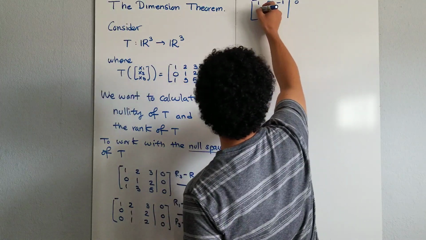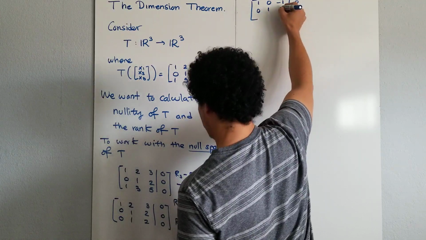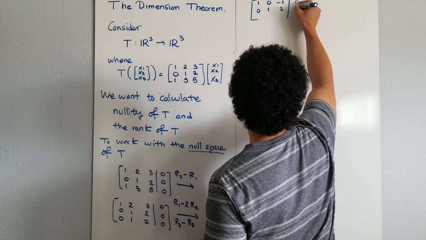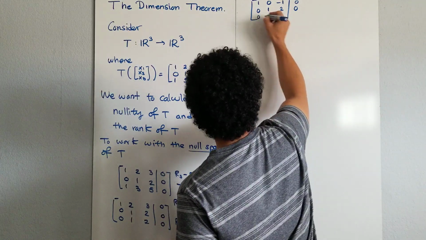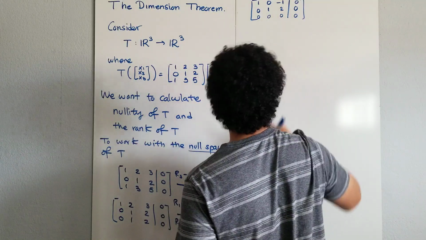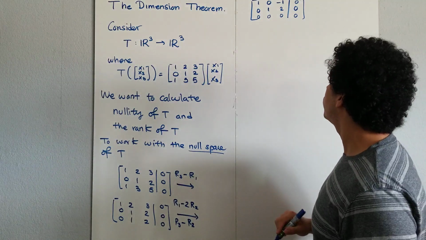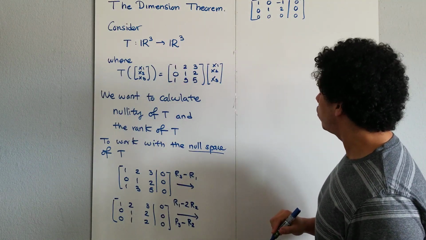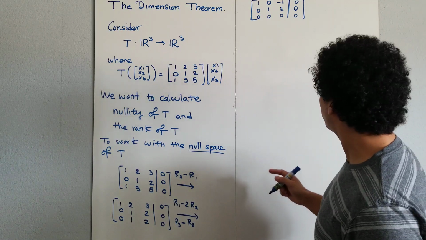This one stays as the same row, so this would be 0, 1, 2, 0. And this one will become 0, 0, 0, 0. And boom, well, we're done with the reduction because now this one is in row reduced echelon form.